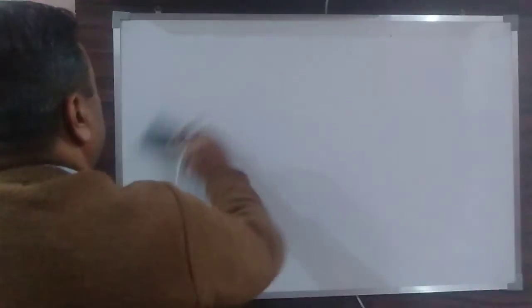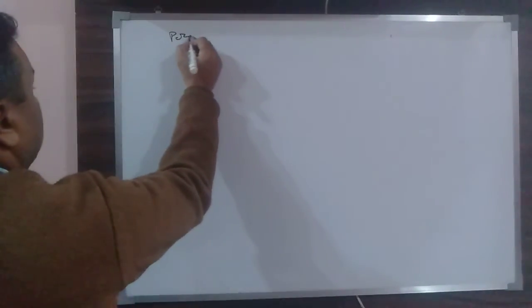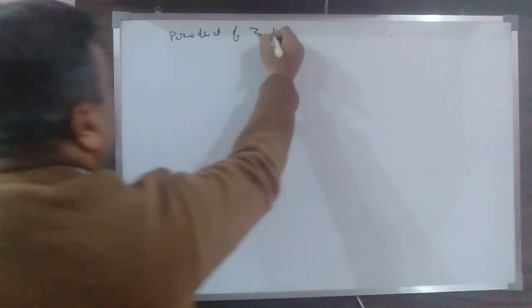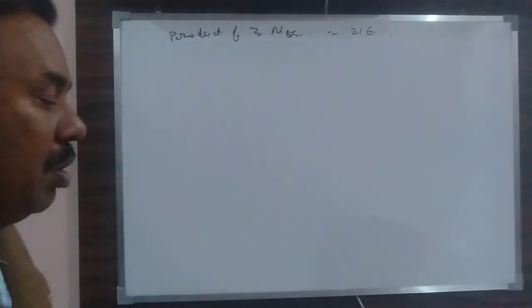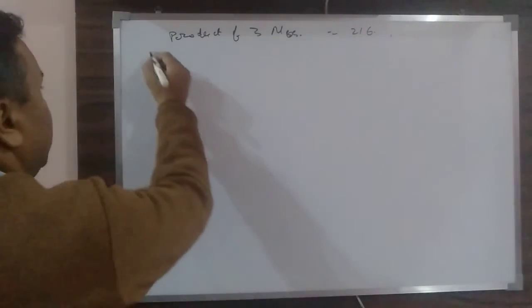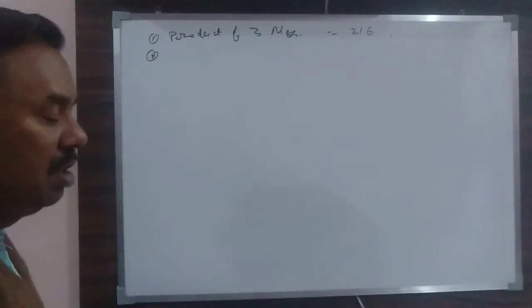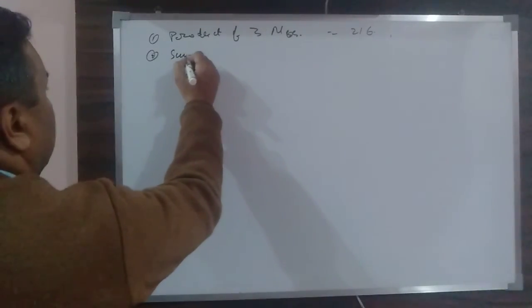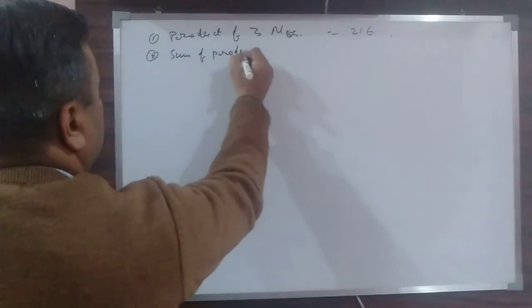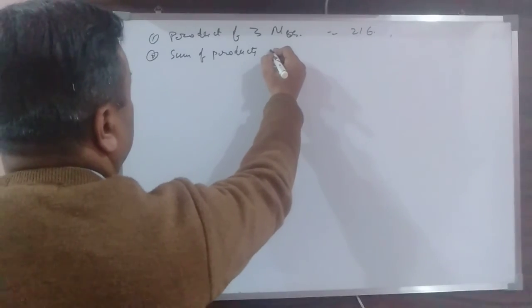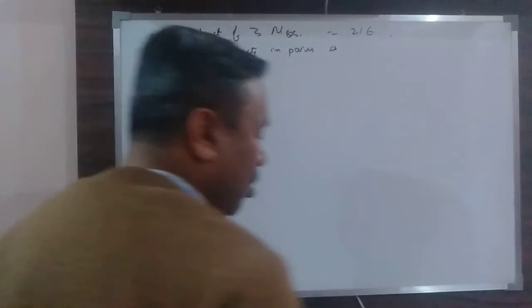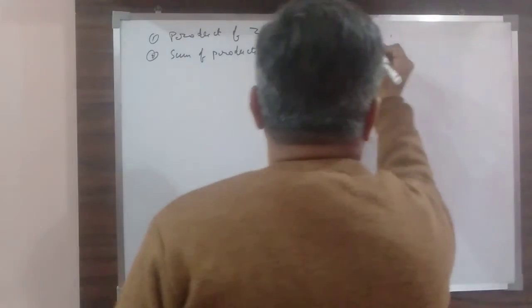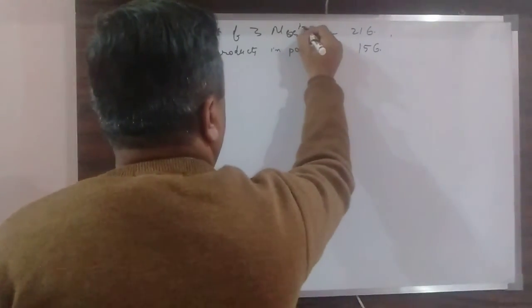I am just giving you, if it is given that the product of 3 numbers is 216, okay, this is the first condition, and the second condition is the sum of products in pairs is 156. Find the numbers.